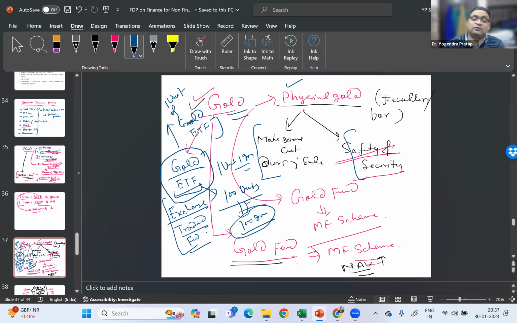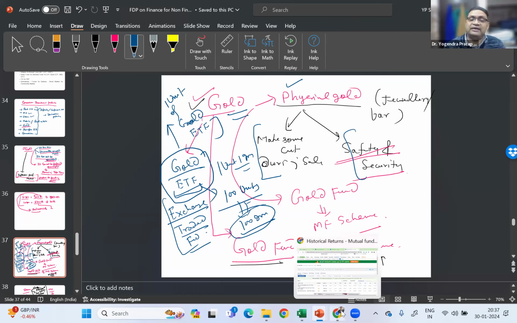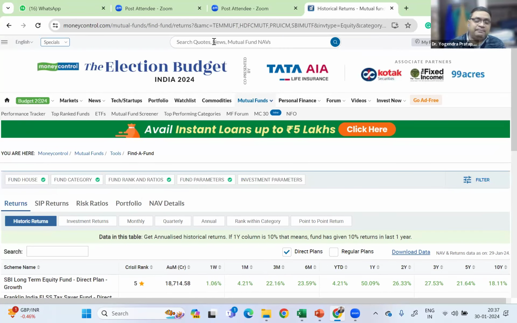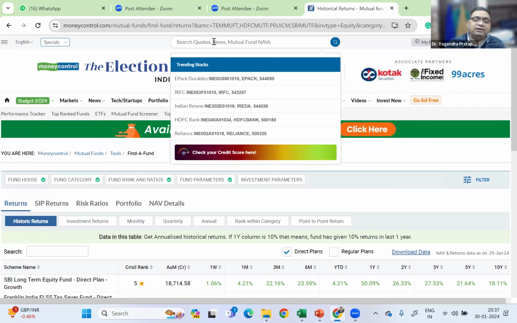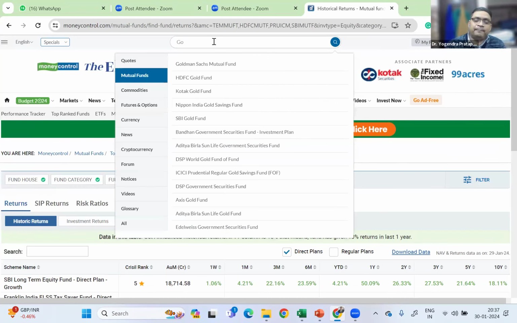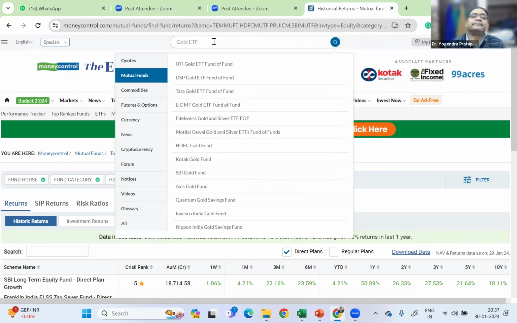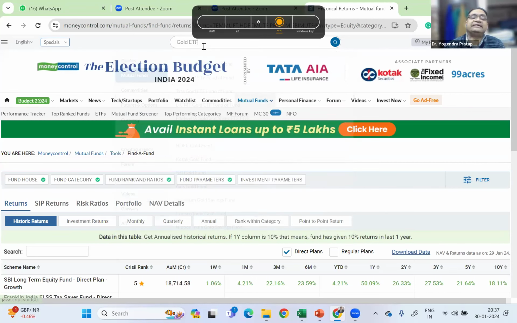Now the question is how to choose the gold ETF. Again, go to the Money Control site and just type gold ETF. Now see here, please remember, you have to choose the gold exchange traded fund.